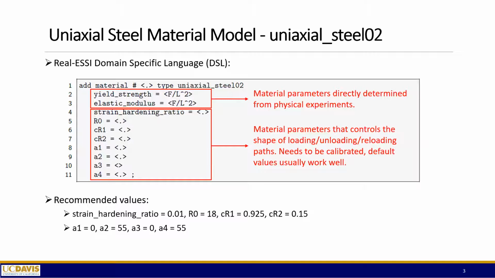But it's always a good idea to have more data and not to rely on default values. Rather, make sure that these recommended values are working for your steel. Yeah, that's true. We highly recommend that you do have tests, but in case you don't, you can use the recommended values.